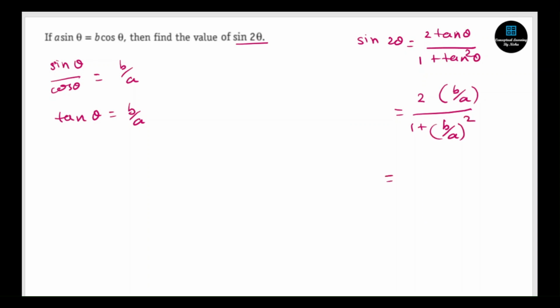Now when I simplify this using the LCM, what do we have? 2b upon a, whole upon (a square plus b square) upon a square. Now when I simplify, I'll get 2ab upon a square plus b square. So this is my answer of sin 2 theta. I hope you understood this, right?